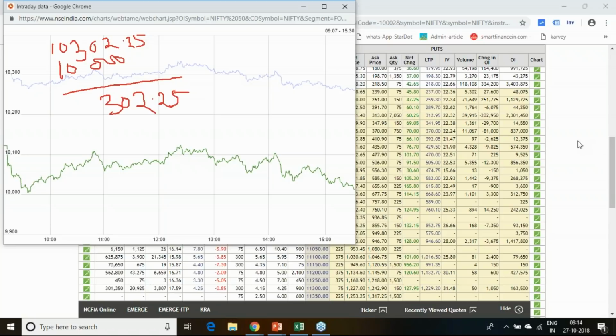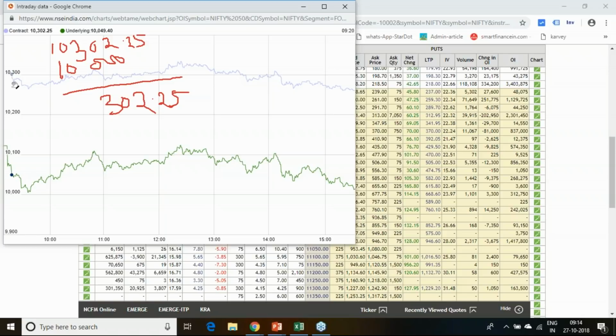And at that time, what is the underlying? They are taking spot Nifty. Spot Nifty is at 10,049 rupees and 40 paisa. So at 9:20, Nifty was trading at 10,049.40, and at that particular time the option was trading at 302 rupees and 25 paisa.